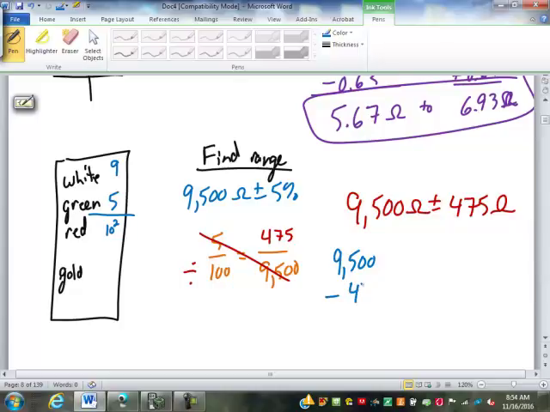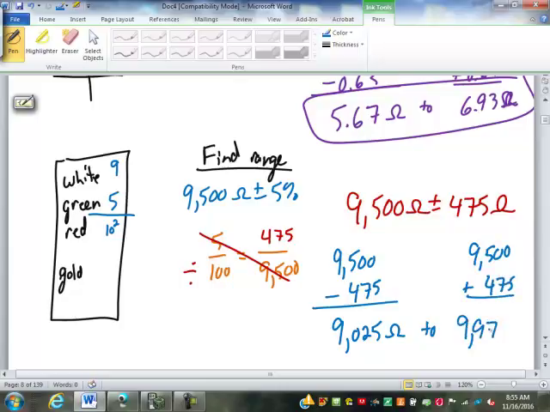So 9,500 minus 475 is 9,025. Up to 9,500 plus 475 is 9,975.